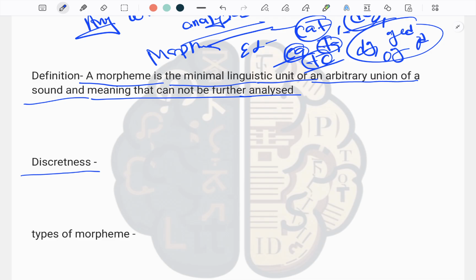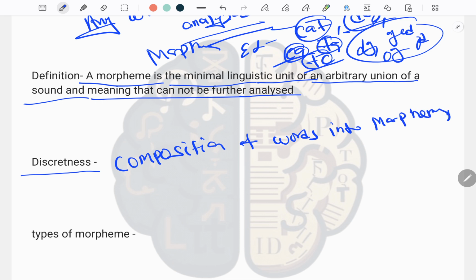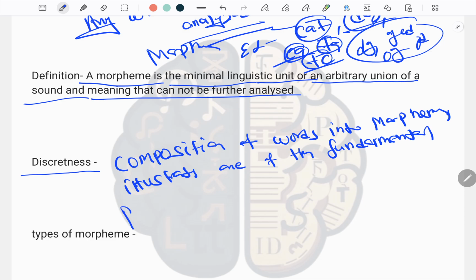Discreteness is the composition of words into morphemes that illustrates one of the fundamental properties of human language.